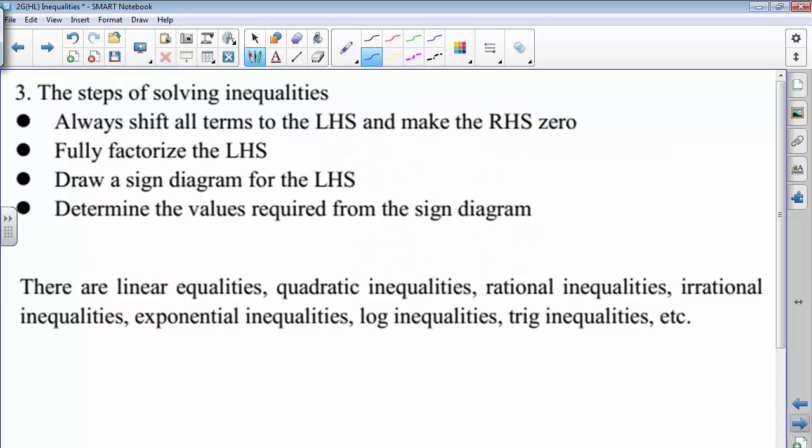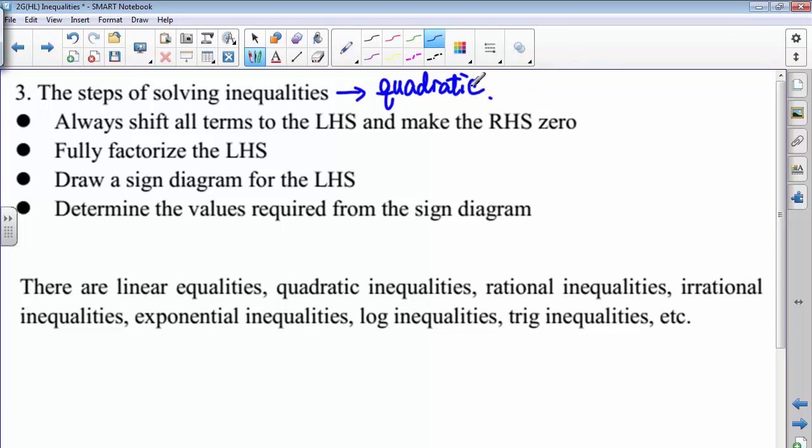The steps of solving inequalities. Okay, here the textbook has summarized the steps of solving inequalities already. But I want to let you guys know, those steps are only for quadratic inequalities, or cubic inequalities, or polynomial inequalities whose degree is higher than or equal to degree 2.